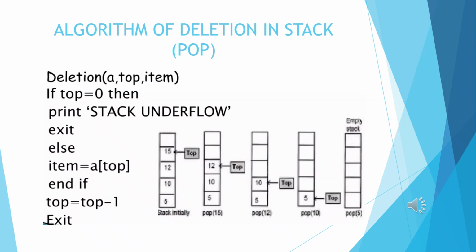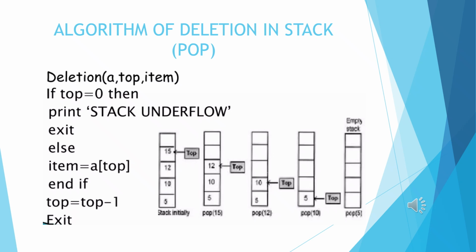Next, the algorithm of deletion in a stack using the pop operation. In the deletion function, A represents the array representing the stack, Top indicates a pointer to the top element, and Item indicates a variable used to store the deleted element. It checks if top equals 0.